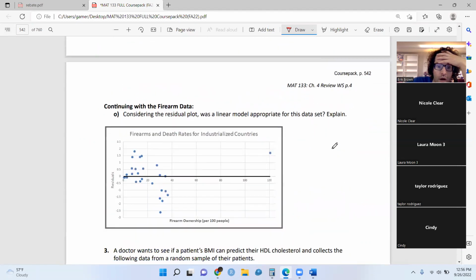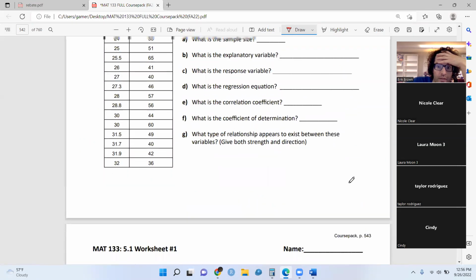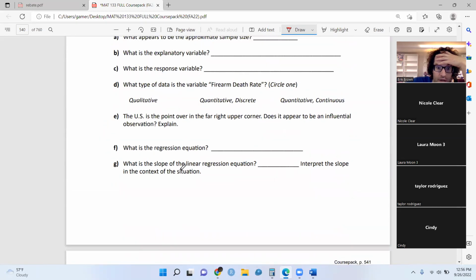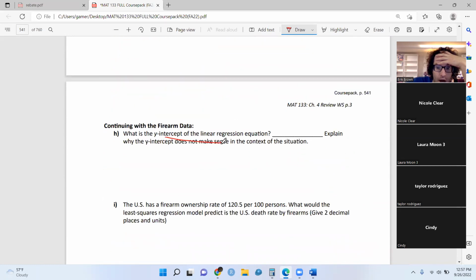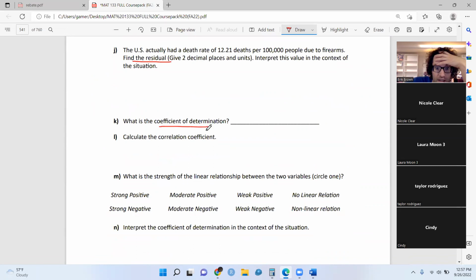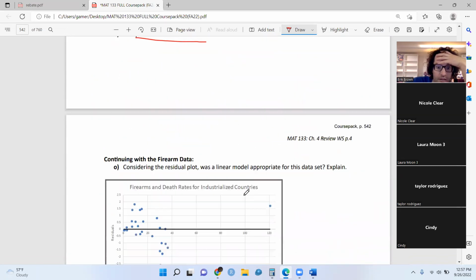So it's these 3 pages. It is very similar to what we just did. Notice here's a, what is the slope? Tell me what it means. Here's a Y-intercept. Explain why it doesn't make sense. Here's a prediction value. Here's a calculate a residual. Here's a, what's this? Tell me what this is. Interpret this.